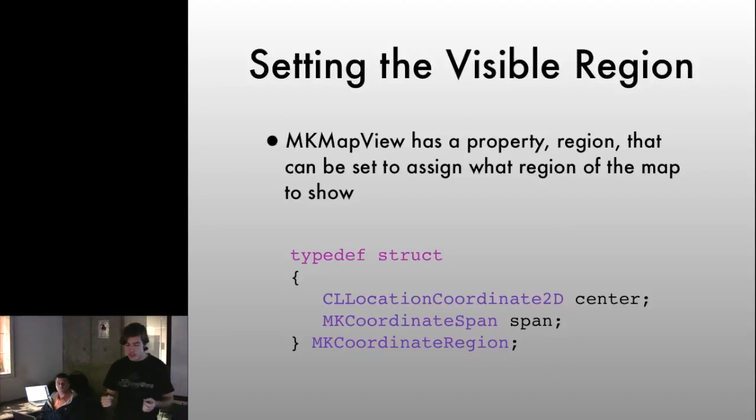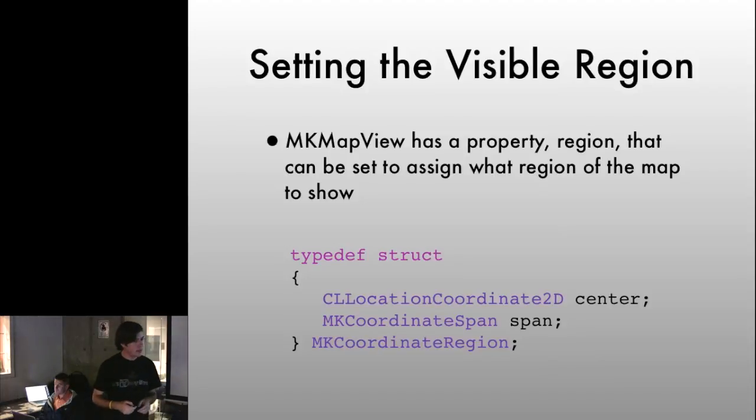The way you define that is you have a latitude longitude coordinate that you want to be at the center of the region, and then what they call a span, which is a pair of degrees latitude and degrees longitude for how many degrees you want to show. So you say which latitude longitude point you want to be the center, and then how many degrees latitude tall and how many degrees longitude wide you want to show.